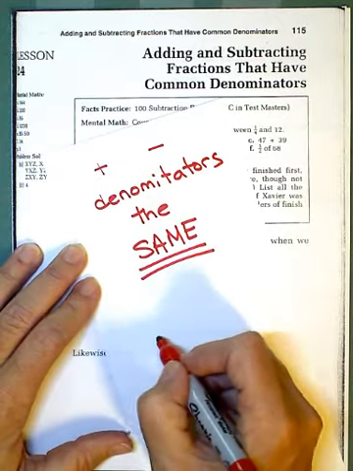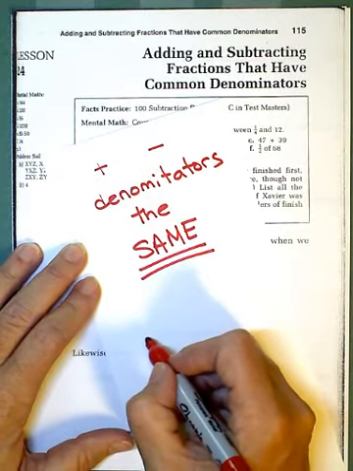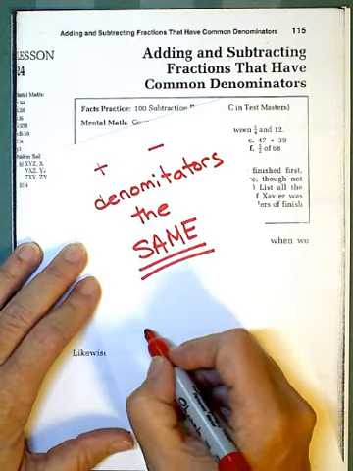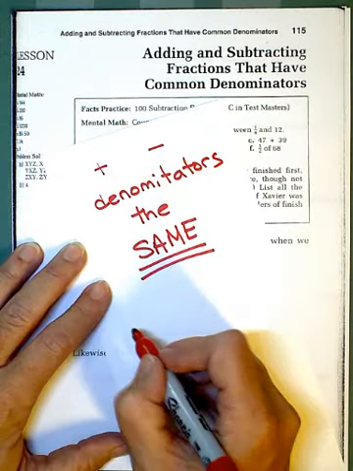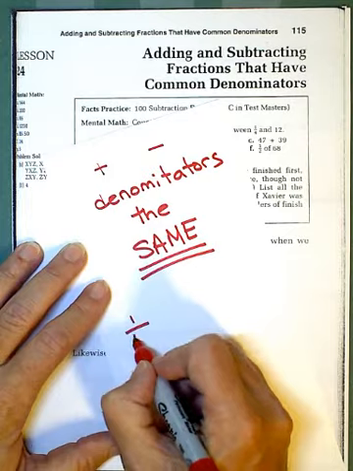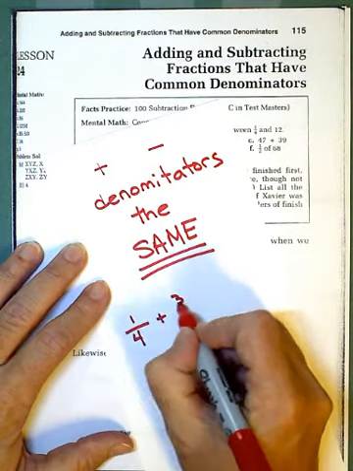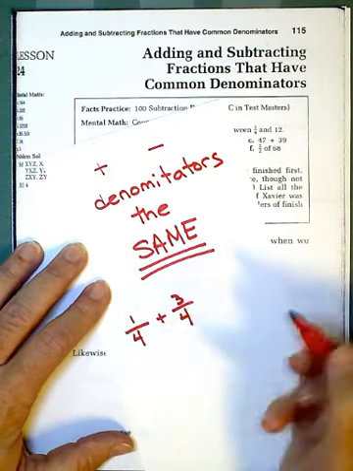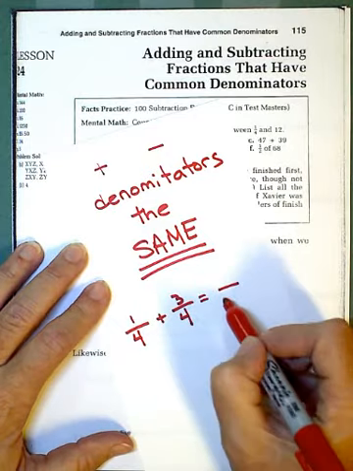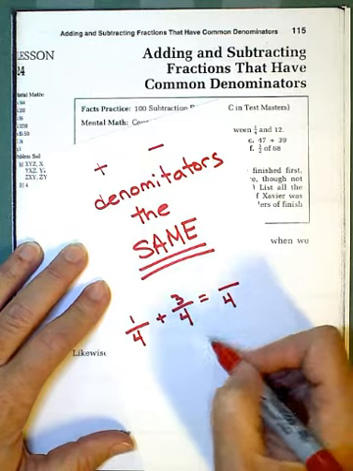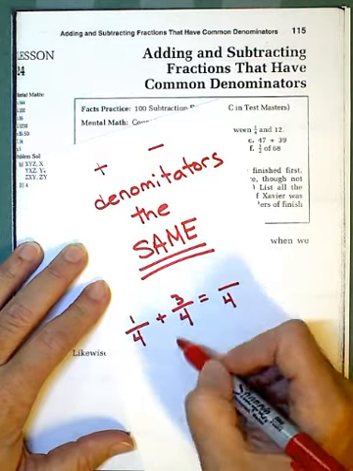We ignore the denominators, we add or subtract those numerators, and we write our answer. For example, if I have 1/4 plus 3/4, my denominators are the same, 4 and 4. My answer will have a denominator of 4, and I simply add my numerators. 1 plus 3 is 4.